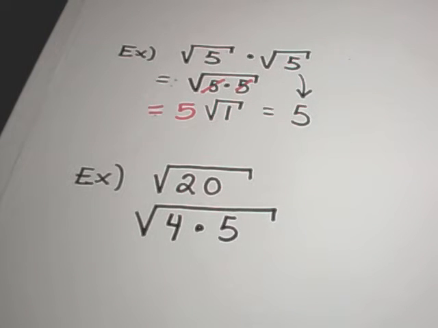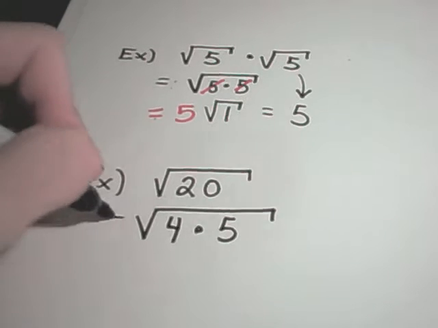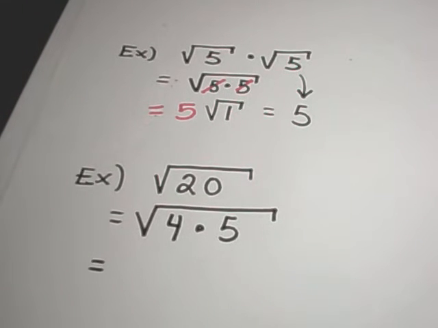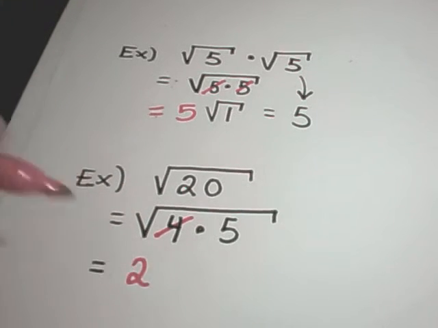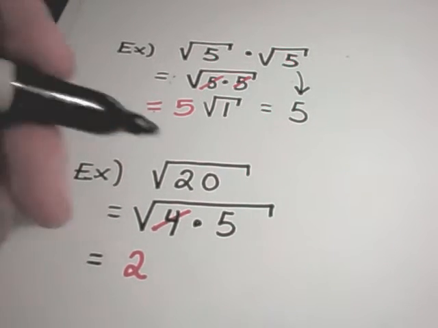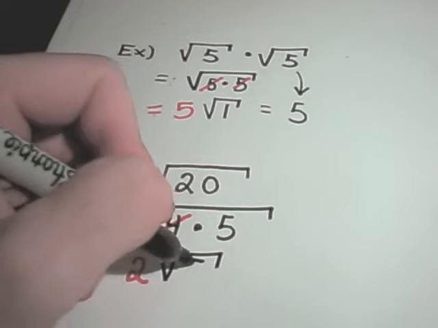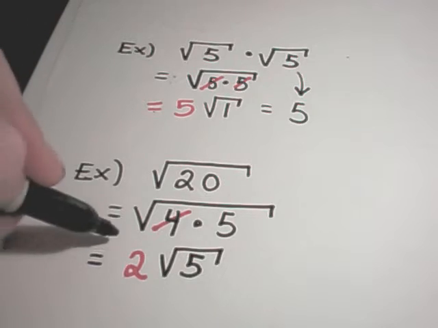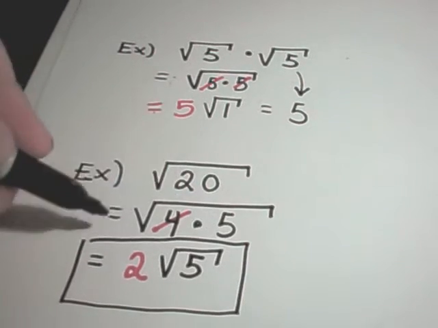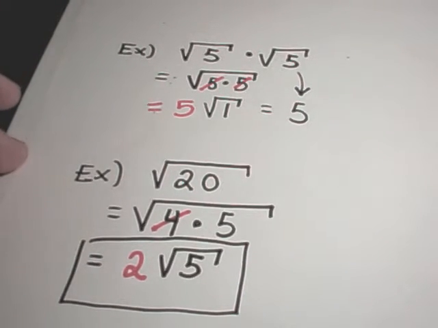I know the square root of 4 is equal to just plain old 2. So I'm going to get rid of the square root of 4 and pull that out as a 2. And then I'm still left with the square root of 5. Well, you can't break 5 down any further. It's just 5 times 1, which really doesn't help. So this would be considered a more simplified form of the square root of 20.